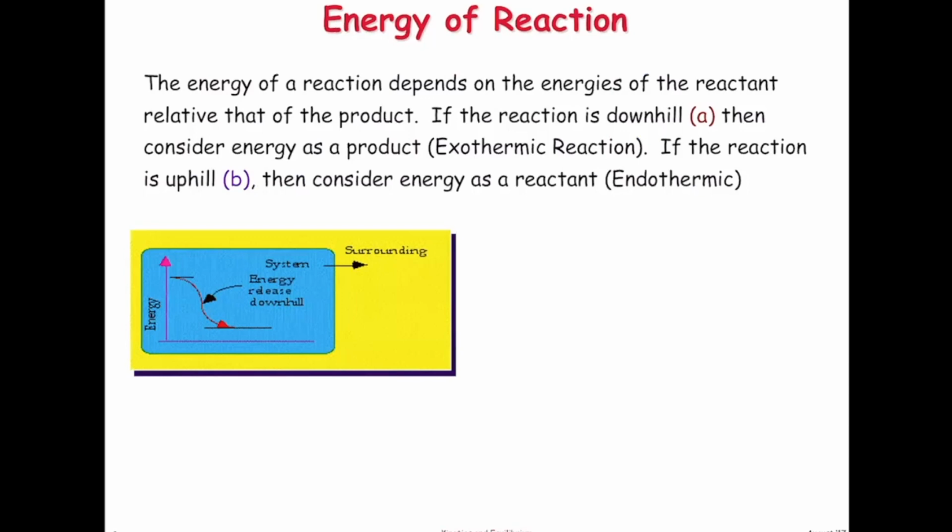But when it changes to a product, the product will have a different amount of energy. The products could be lower in energy or higher in energy. Ethanol was the reactant in your last experiment. When you ignite it with oxygen, you produce carbon dioxide and water. Carbon dioxide and water are lower in energy than ethanol.